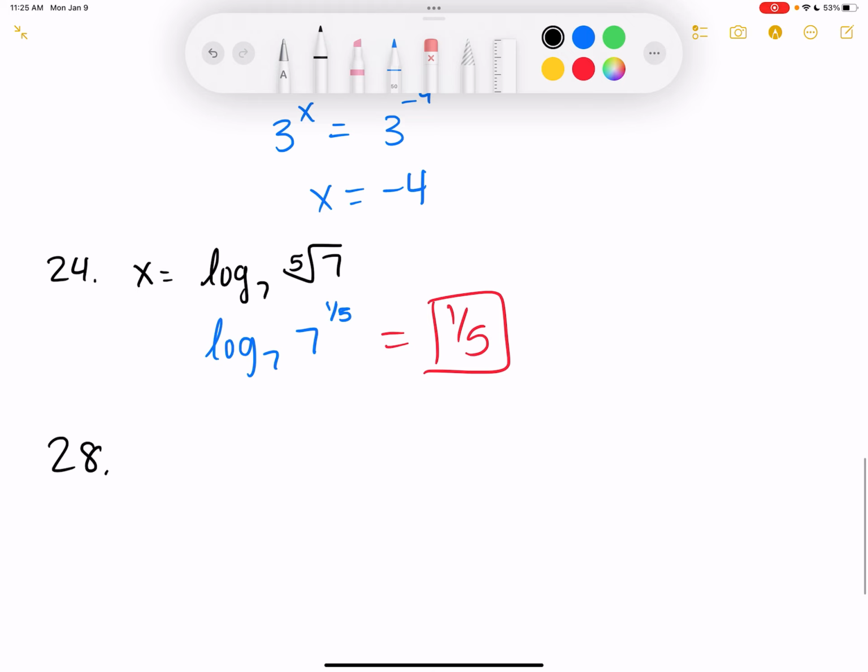28. x is equal to 8 raised to the log base 8 of 11. So see if you can find the property and tell me what that one's equal to.